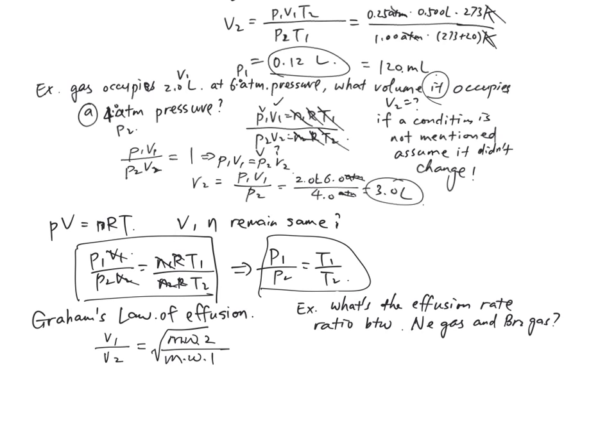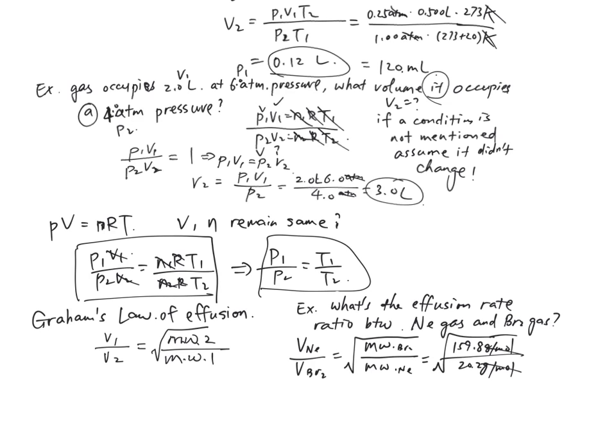So very easily you can say speed of the neon over speed of the bromine should equal the square root of molecular weight of bromine over molecular weight of neon. So put your molecular weight in. Bromine is about 159.8 grams per mole, and neon is about 20.2 grams per mole.